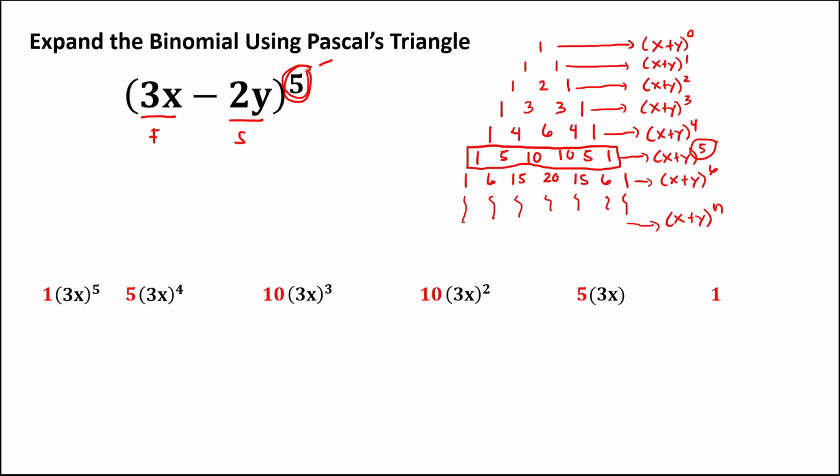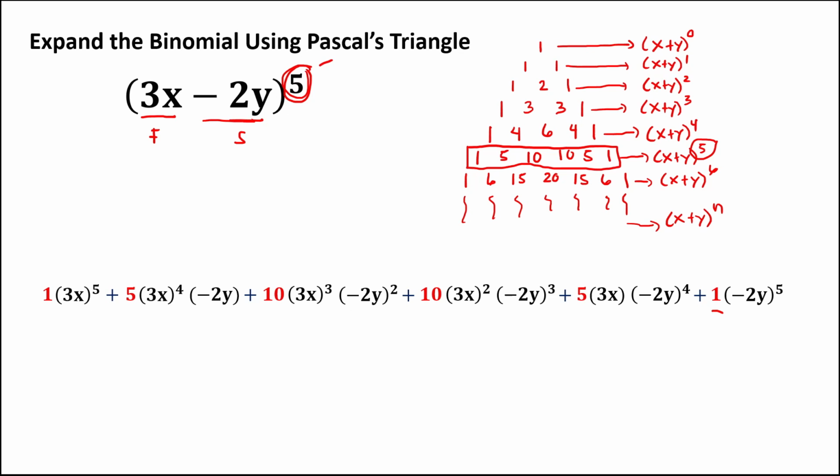So since increasing, we can start putting on the last term. Since the second term is negative 2y, this is negative 2y to the power 5, then negative 2y to the power 4, negative 2y to the power 3, negative 2y to the power 2, and negative 2y to the power 1. And these are all plus.